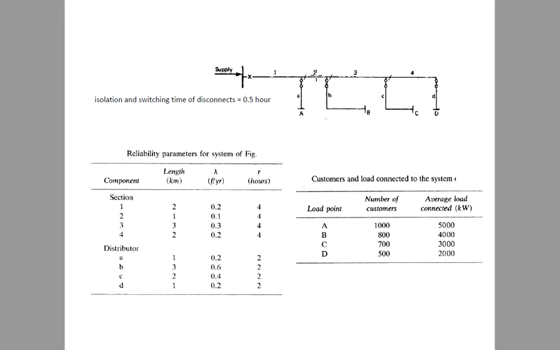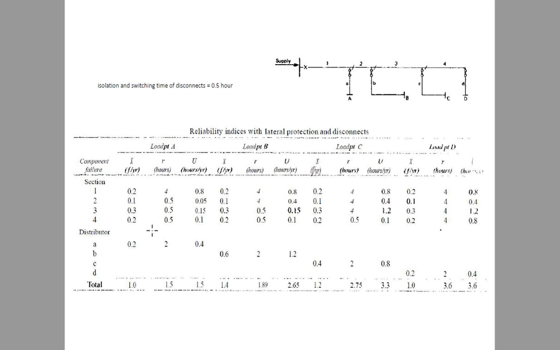But when the fault occurs at line section 2, then this disconnect will operate in place of this circuit breaker, and disconnect this faulty section from the supply, so that supply can be continued to load point A. This will operate and disconnect this section, so the supply can be maintained to load point A. So here, how much time does it take to disconnect?